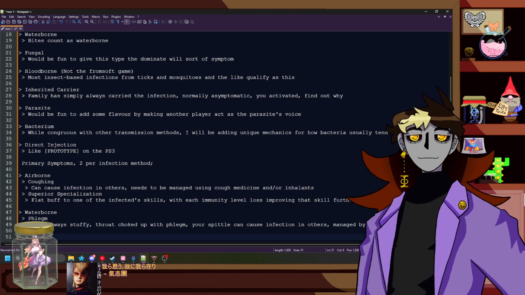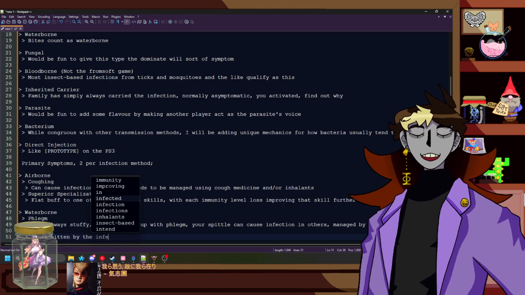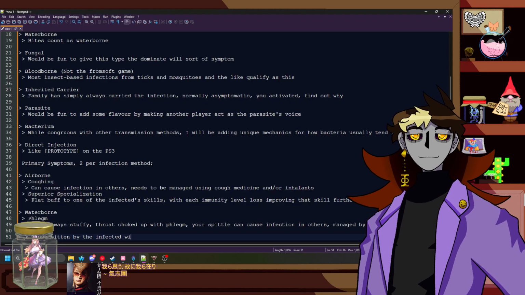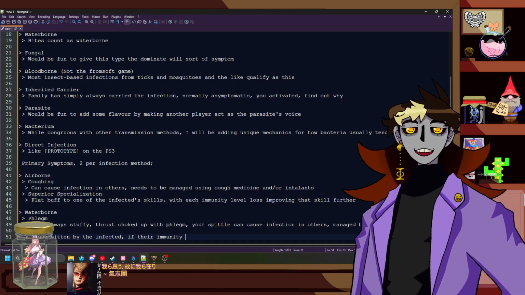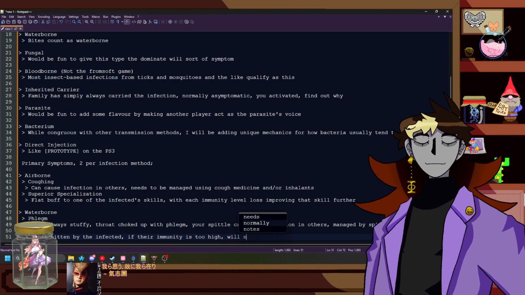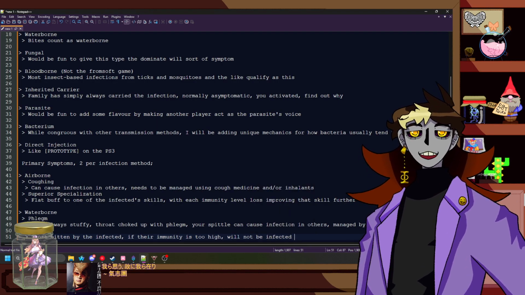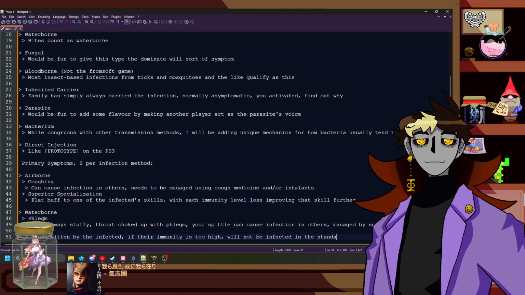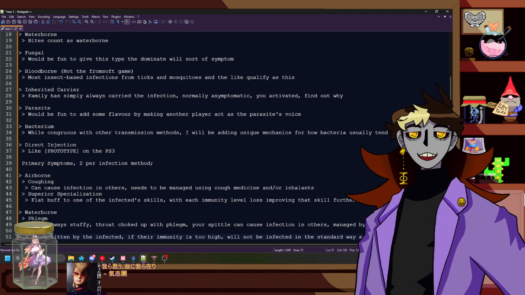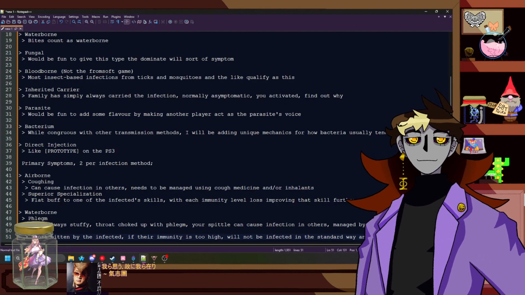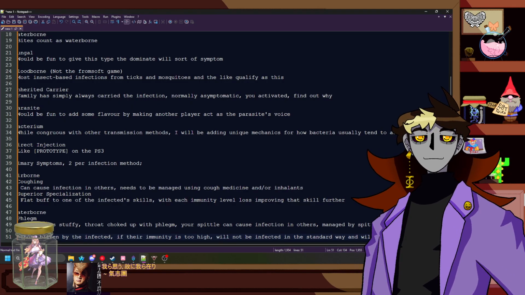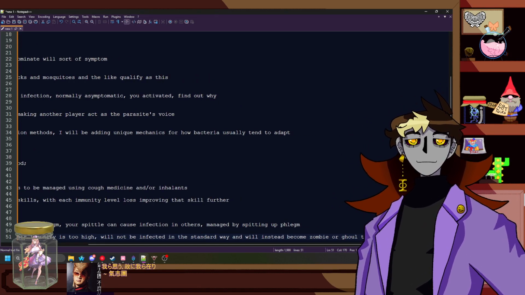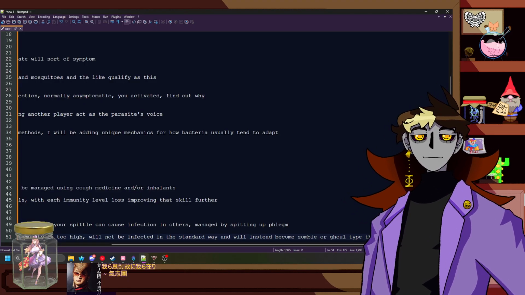If their immunity is too high, they will not be infected in the standard way and will instead become zombie or ghoul type thralls to the infected. There we go, baby!